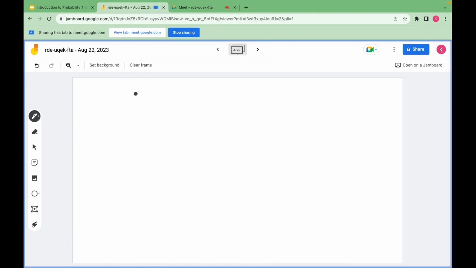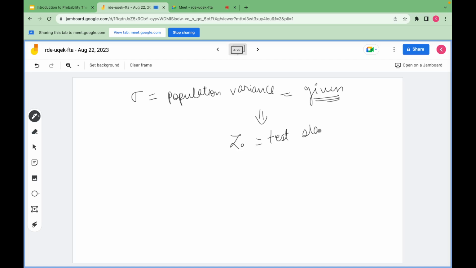Okay. When this sigma, the population standard deviation, is given, we will use Z0 as our test statistic, which is x bar minus mu upon sigma over root n. Here we are using sigma.